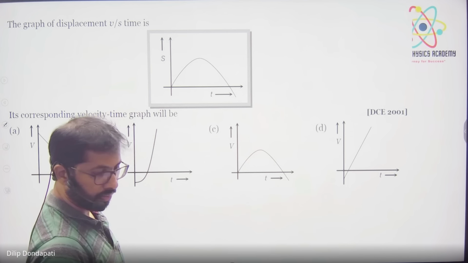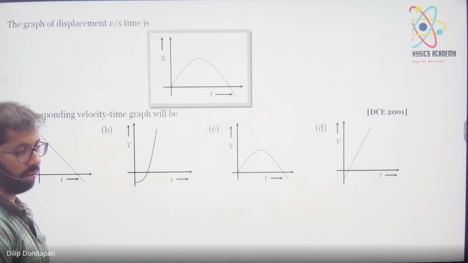Sir, it will be either B or D. I think it's B. B, yeah, okay. Why? Because velocity is first decreasing, then increasing, and it's not constant. So velocity first decreases, right? Then increases.